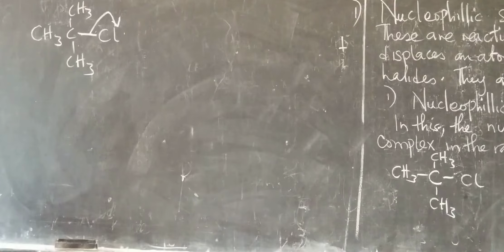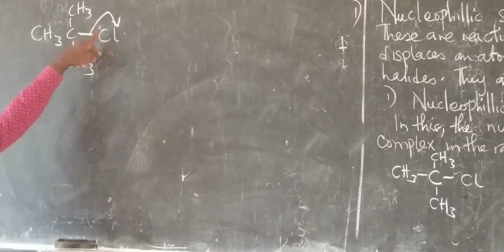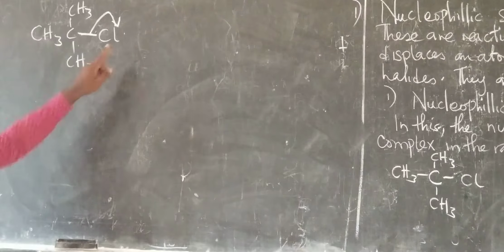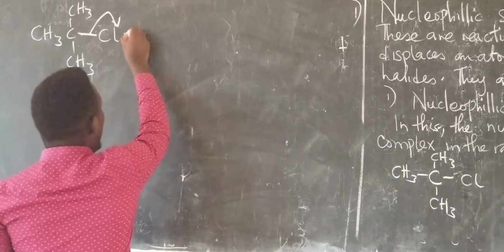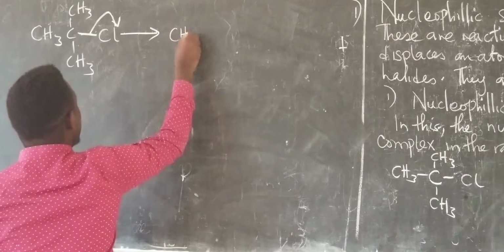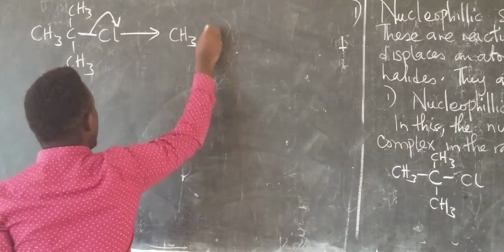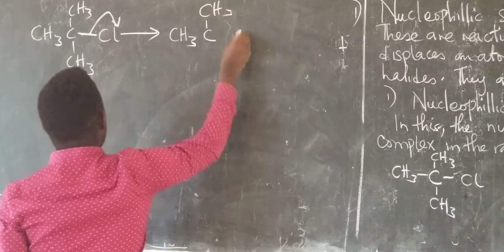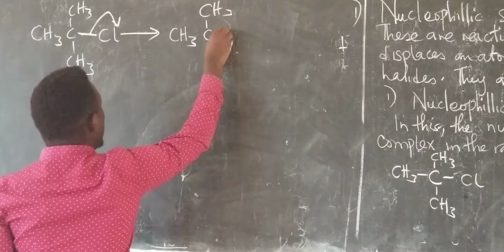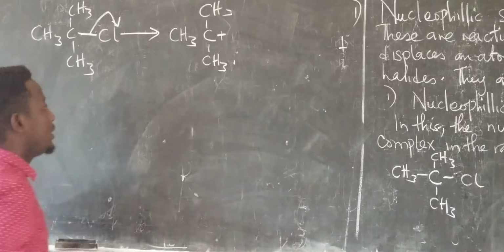Are we together? Because we are trying to break the chloride bond. Are we together? Leading to the formation of CH3, then C, then CH3. Now this one is going to be positively charged. Then here we have CH3.